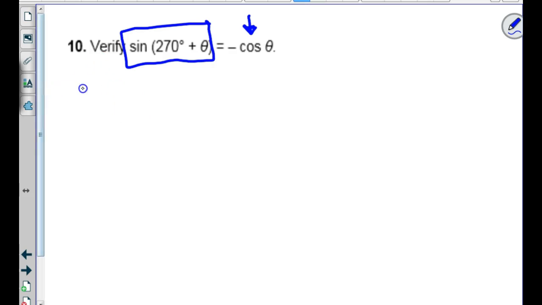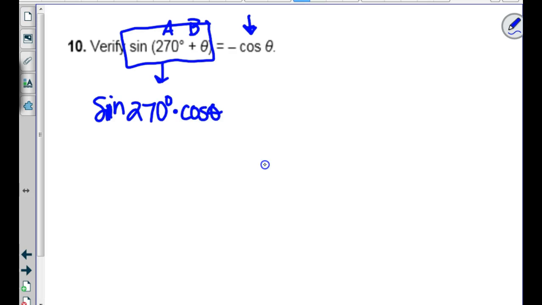It says expand, okay? So what is this going to expand to be if you call this A and B? Sine A plus B would say sine A, okay, what's A? 270 times cosine B, which would be theta.